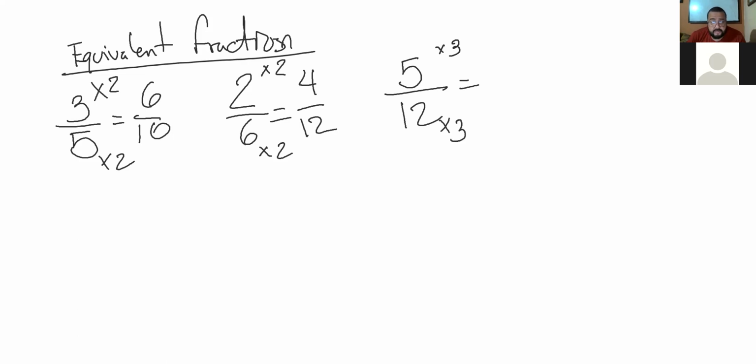You can multiply times 3 or times 2 or times 1,000 or 100 if you want. 5 times 3 equals 15, and 12 times 3 equals 36. 15/36 is an equivalent fraction of 5 twelfths. Okay? In whatever part of this lesson or this video, you can stop the video, copy the exercise, and then play the video back again. Okay? I am going to erase.